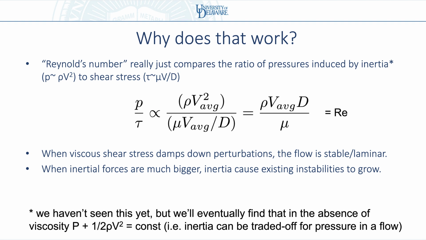So the Reynolds number is basically a comparison between the size of the pressure forces in a fluid that are due to inertia and the shear stresses that exist. We've already seen that the shear stresses in a fluid are proportional to the viscosity and the velocity gradients.